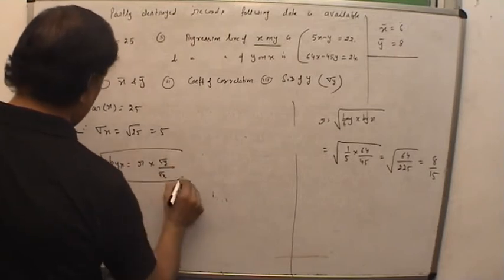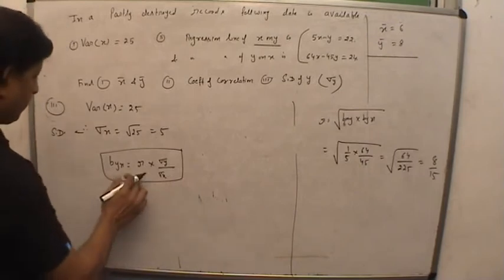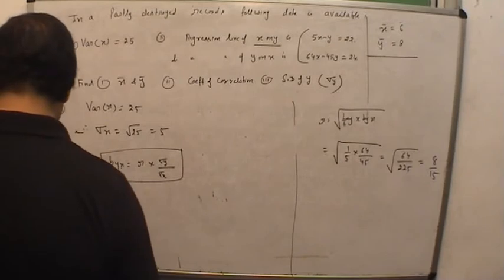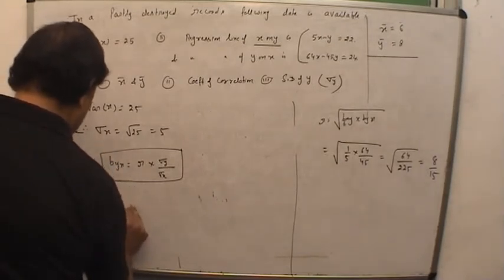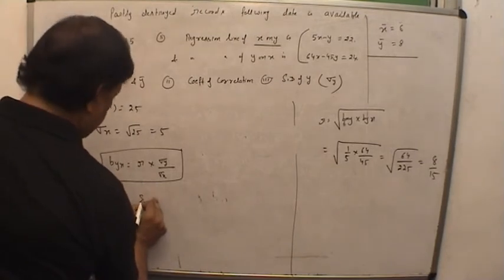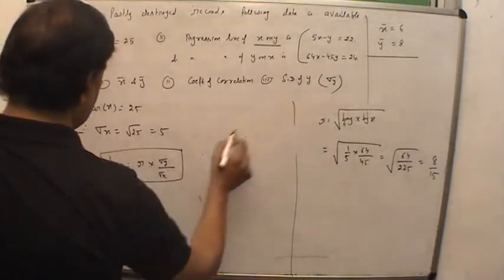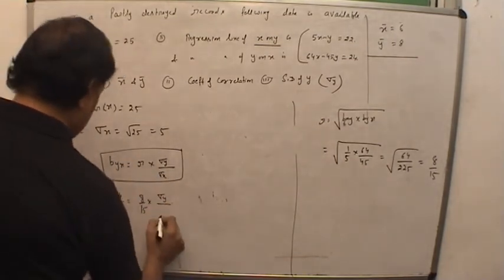That is a new formula, we did not note it in the table. Here, the value of byx was 64 upon 45, r is 8 upon 15, sigma y is our requirement, and sigma x is 5.